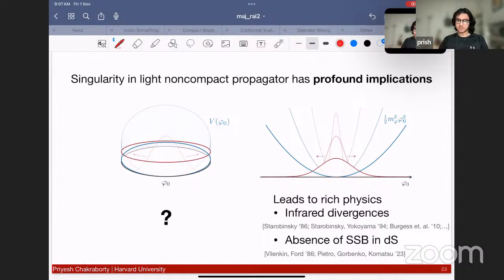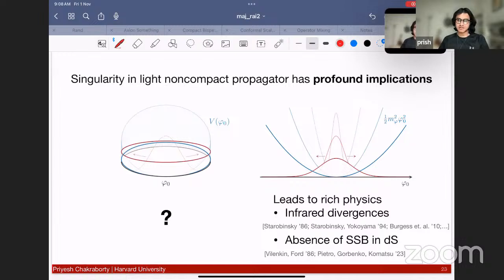There's this famous story of the Starobinsky formalism: when you send this mass to zero, you're really approaching some sort of non-perturbative limit, and you have to do a bunch of resummations. So there's this rich history of infrared divergences in de Sitter tied to exactly this type, this 1/m² divergence that we saw in the propagator. It's tied to other stuff like the absence of spontaneous symmetry breaking in de Sitter as well.